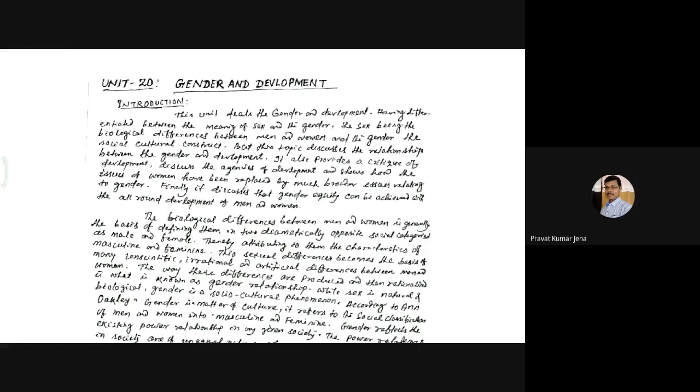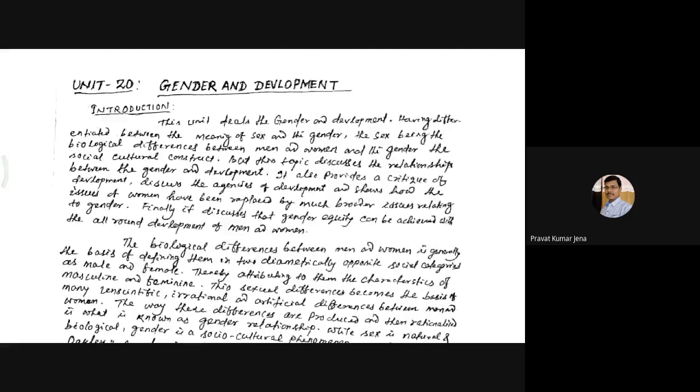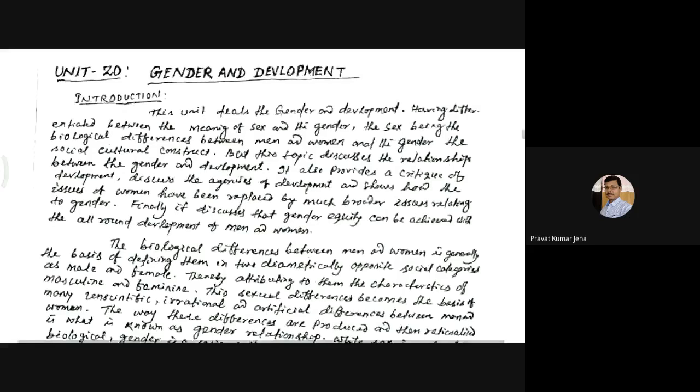Having differentiated between the meaning of sex and gender, sex being the biological differences between men and women, and gender the social cultural construct, this topic discusses the relationship between gender and development.